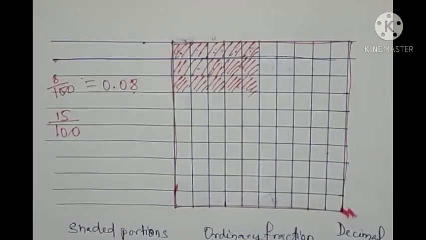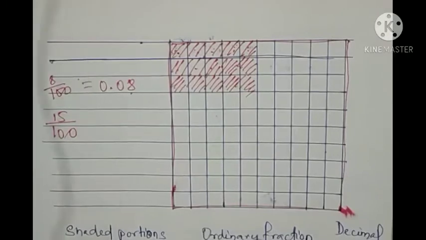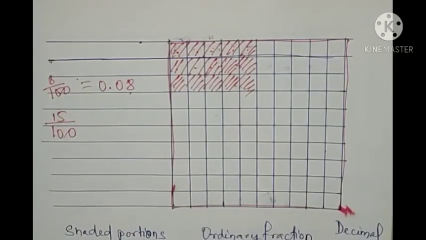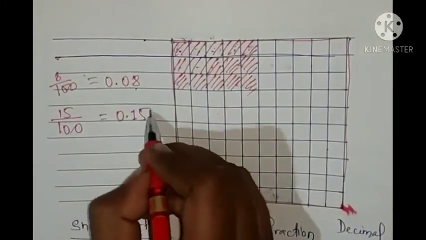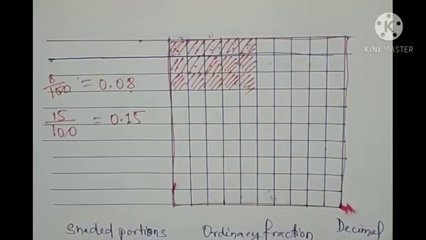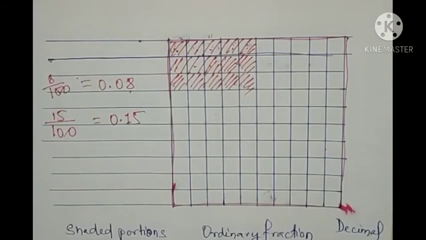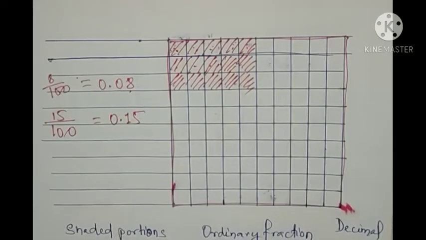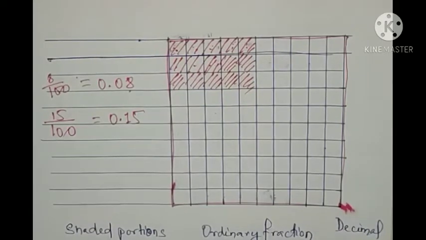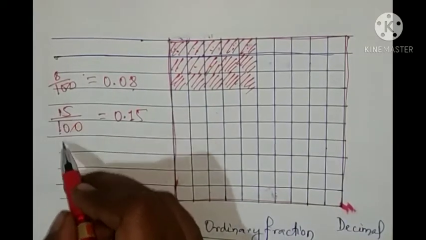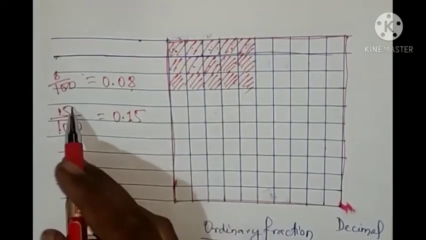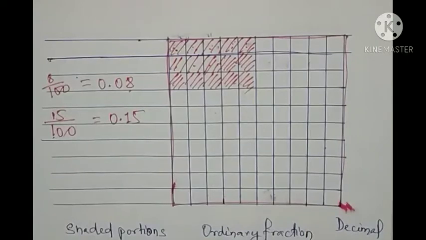The decimal of 15 by 100 is 0.15. We are not writing 0.015 because here 1 is in the 10th place and 5 is in the 100th place.